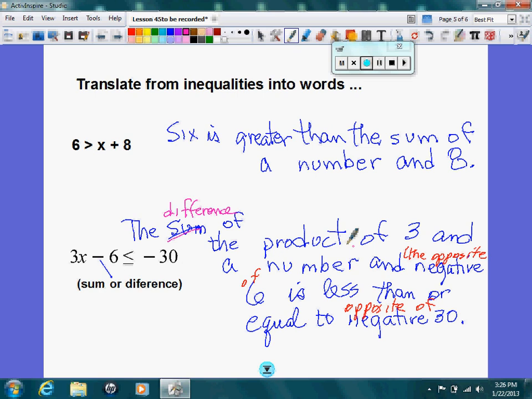Well, we wouldn't say that. We would say the difference of the product of a number, and we could just take all this out right here and just say 6. Okay. We could say the difference of the product of 3 and a number, and 6 is less than or equal to the opposite of 30.